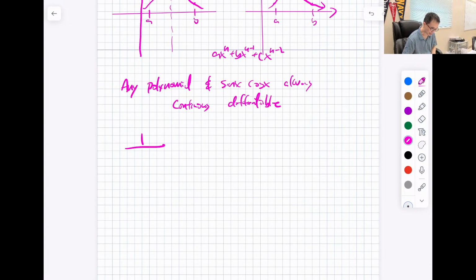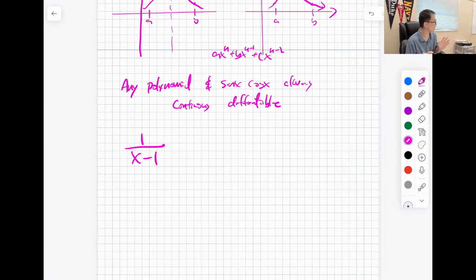One of them is rational, but you gotta be careful. It's not continuous only at 1, not differentiable at 1, but it's continuous everywhere else. If I were to say the interval is from 2 to 5, then you'd say, yeah, it still applies, it's still okay, because it's only not continuous at 1.